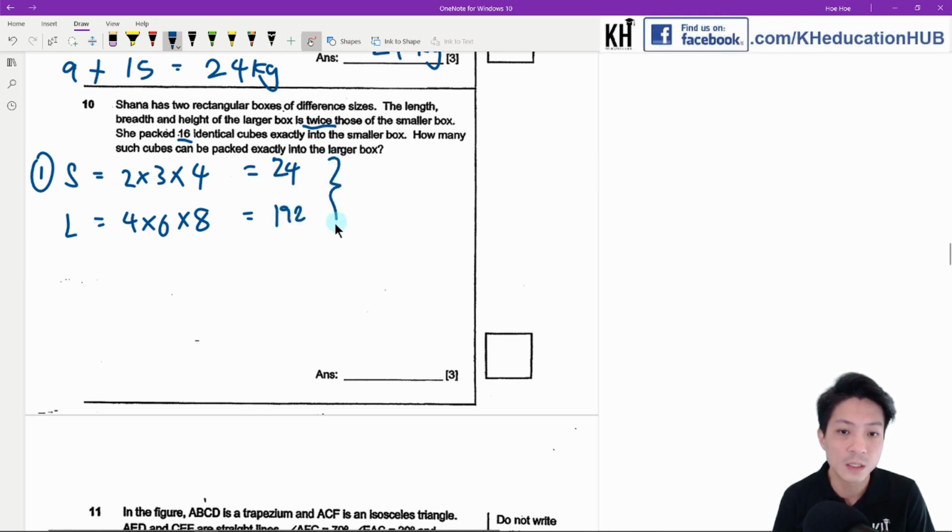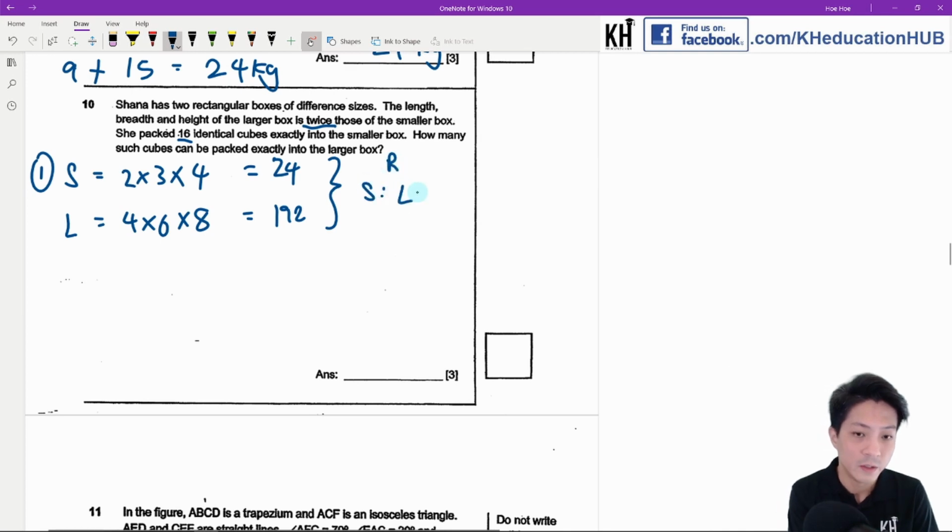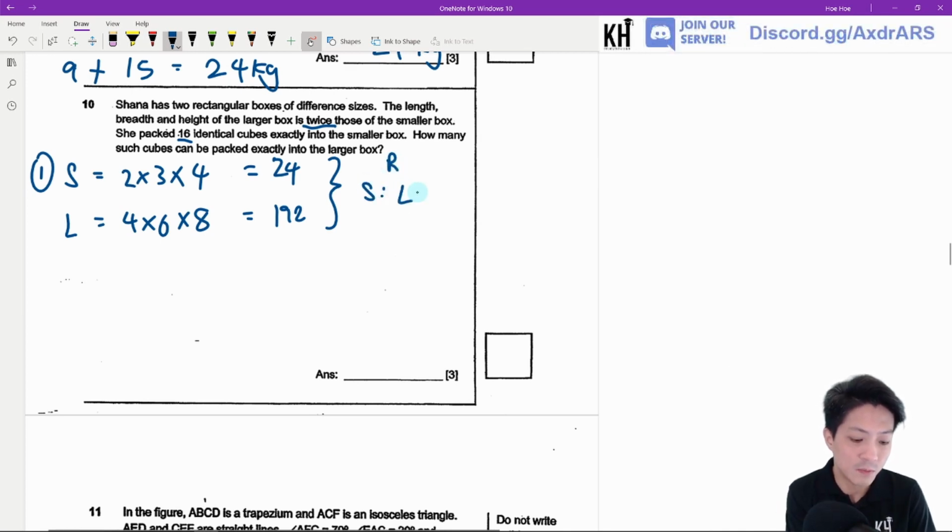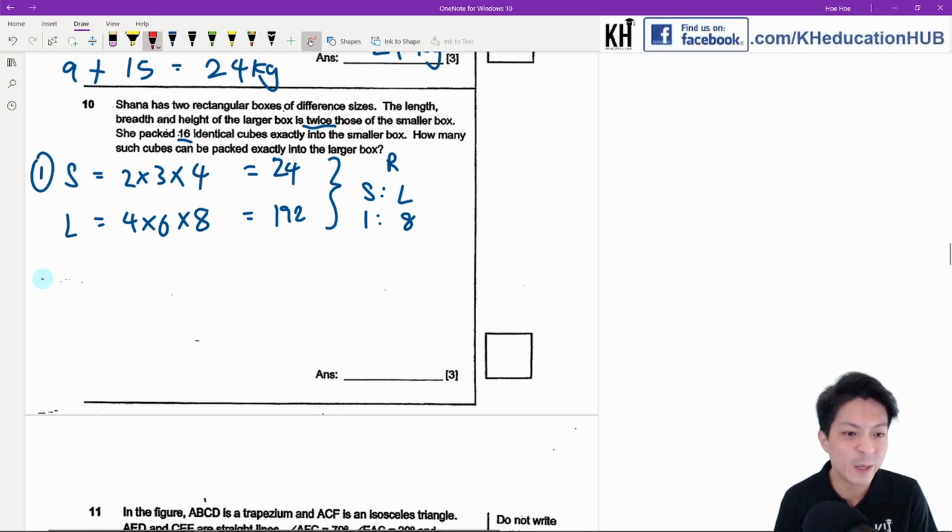In this case, the ratio of the small to the large, in the simplest form, is 1:8.